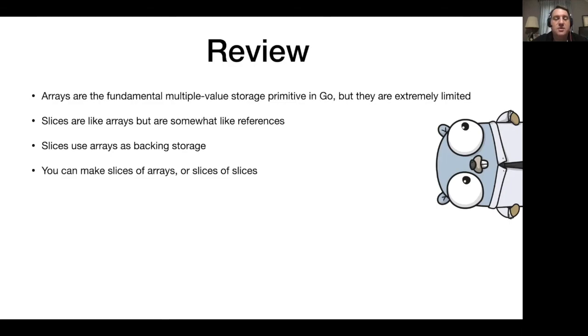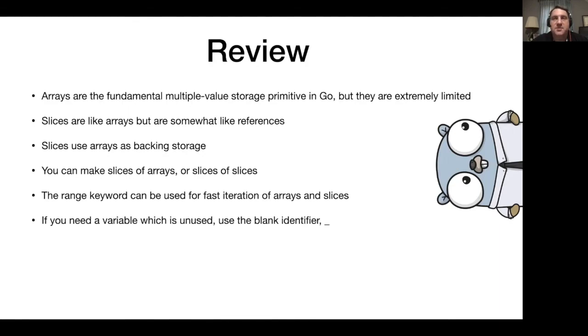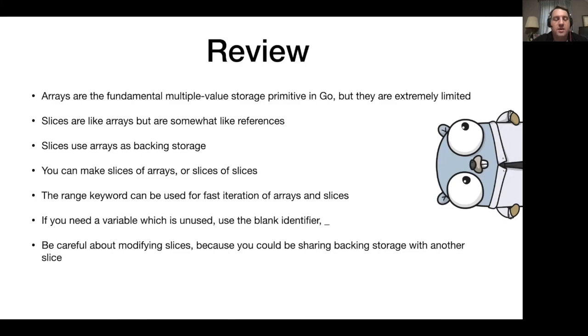And you can make slices of arrays. You can make slices of slices. And then you can use the range keyword if you want fast iteration of your arrays and slices. If you have any unused variables, you can use the blank identifier to assign to them. And then that way Go won't whine at you.